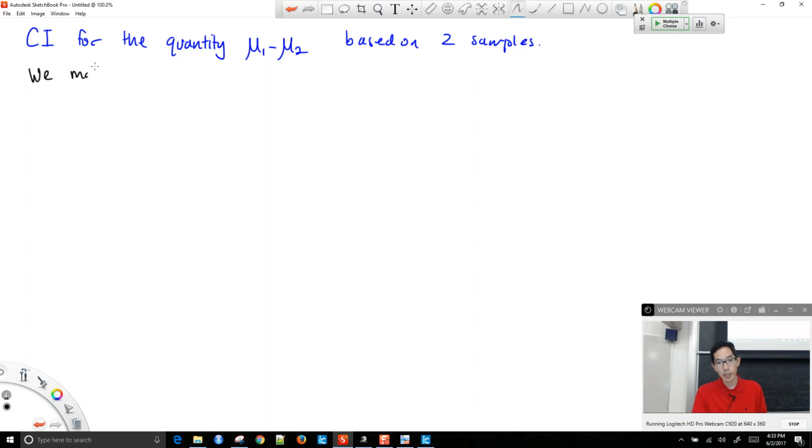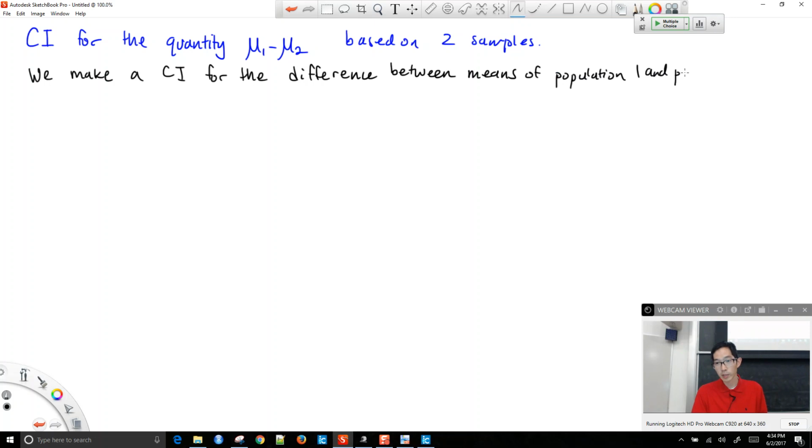We make a confidence interval for the difference, the quantity, the difference between means of population 1 and population 2. Okay?